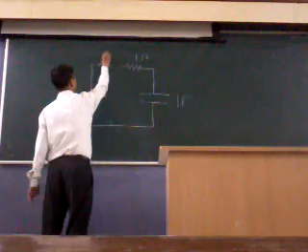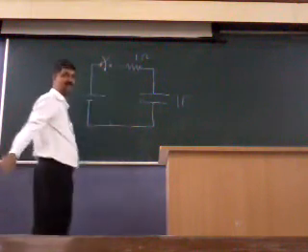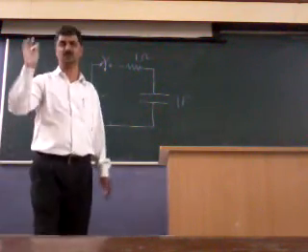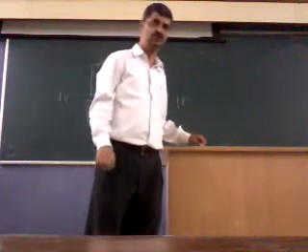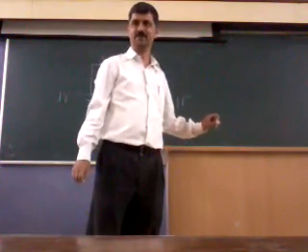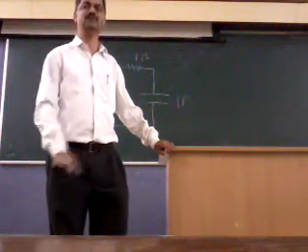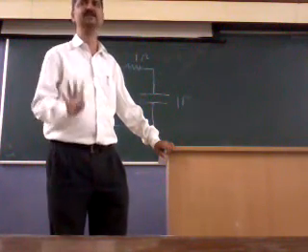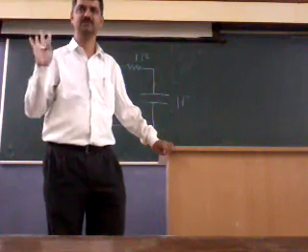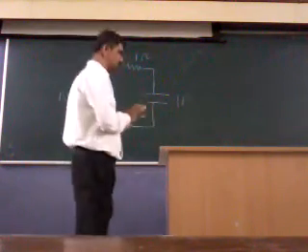And a switch S, which is closed at t equal to 0. The voltage across the capacitor initially is to be specified, and let us presume that it is 0. Initially the capacitor was having 0 voltage.